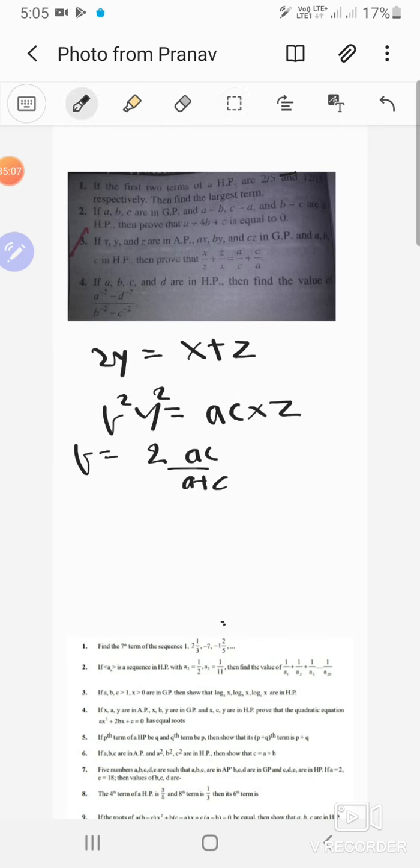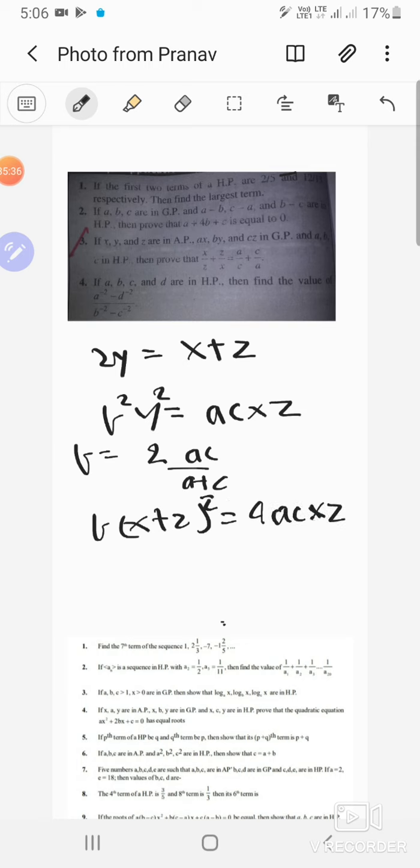Now we want to convert these three equations into this thing. Oh, so there is no y over here. Maybe we can try eliminating y. So maybe use this thing and substitute it in this thing. Fine, let's multiply by 4, so that gives me b into 2y whole squared, which is x plus z whole squared, is supposed to be 4acxz.